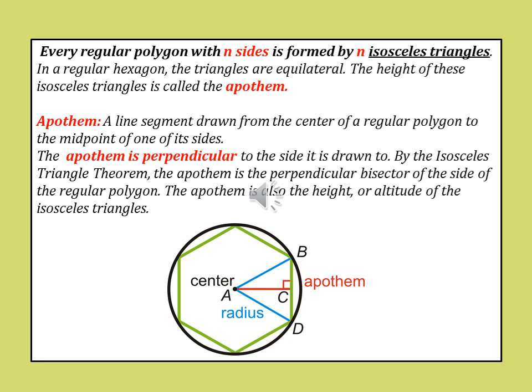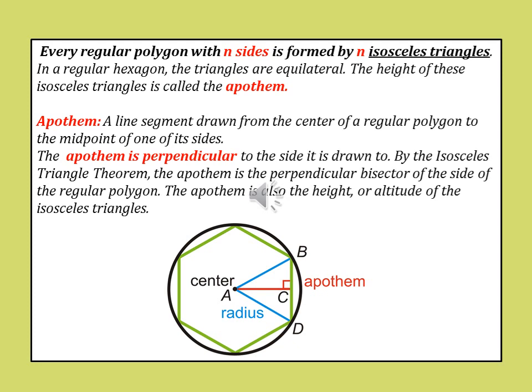Therefore, every regular polygon with n sides is formed by n isosceles triangles. For instance, if a polygon has 10 sides, then it will have 10 isosceles triangles, because the sides form the bases of these isosceles triangles. In a regular hexagon, the triangles are equilateral.